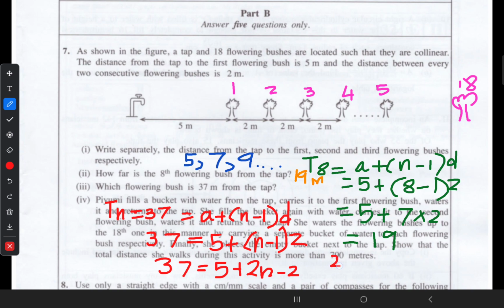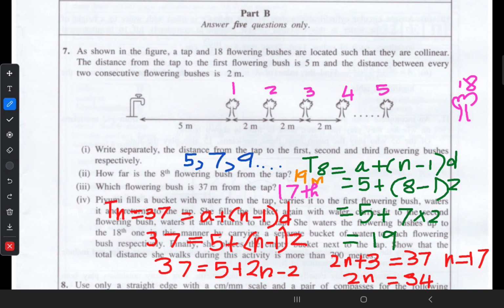Thereafter we are having 2n plus 3, that is equal to 37. So 2n should be equal to 34. So n is 17. That means the 17th bush should be located 37 meters apart from the tap. This would be the answer.